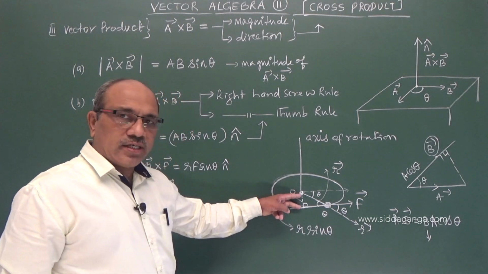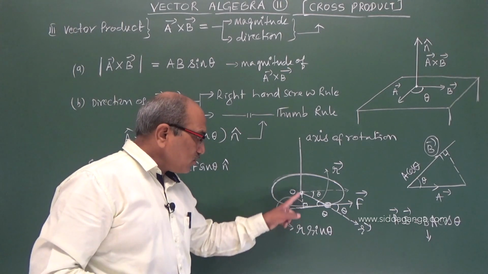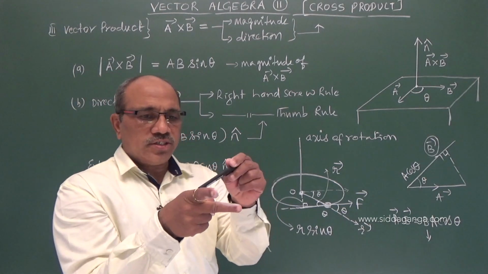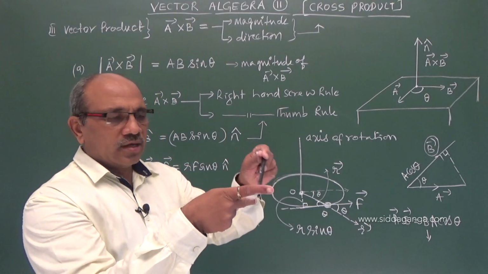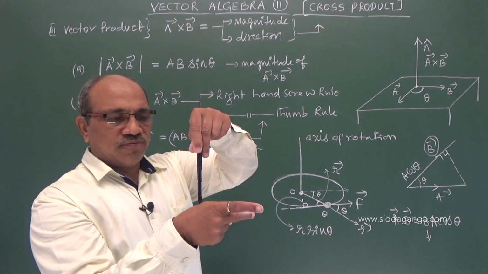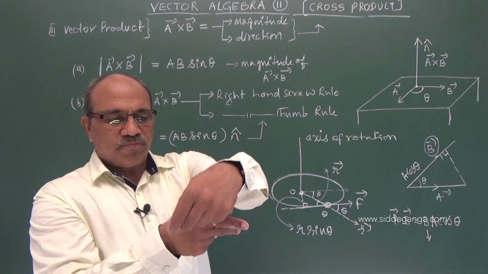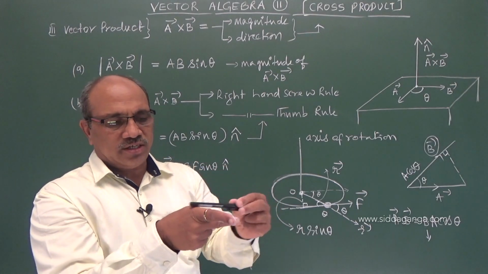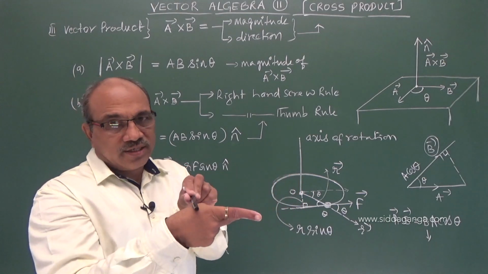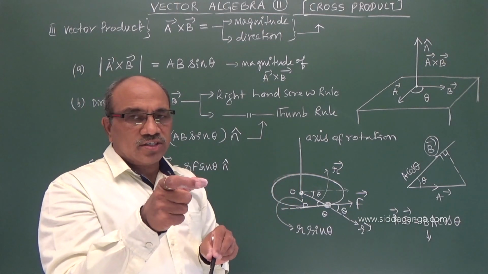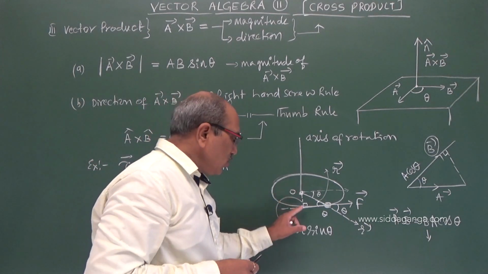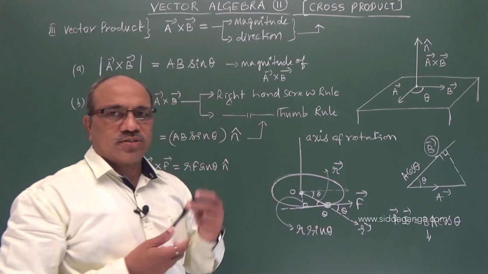This r sin theta seems to be a long line, but see my fingers very carefully. This is the vector F acting and this is the vector r. Now from the axis of rotation, I am dropping a normal to the extension of the force. This is the force I am applying, and this direction is the perpendicular distance from the point of rotation to the line of action of the force.